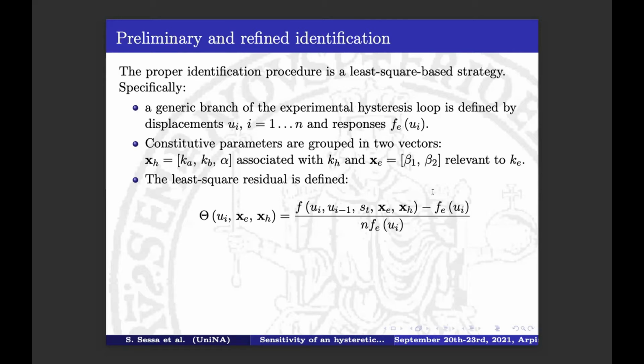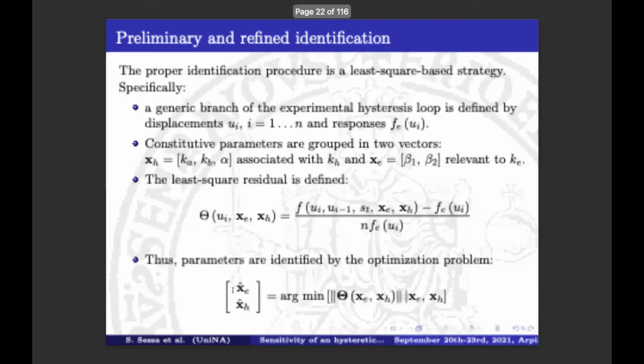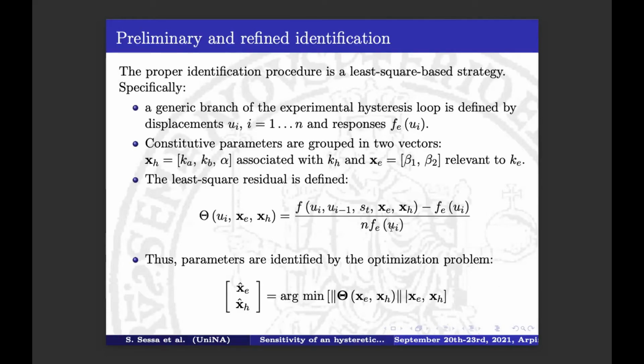Actually, this is a kind of standard deviation of the gap between the curves. The identification can be summarized by just an optimization procedure depending on the parameters, and it is the same both for the first, preliminary one, and for the refinement identification.